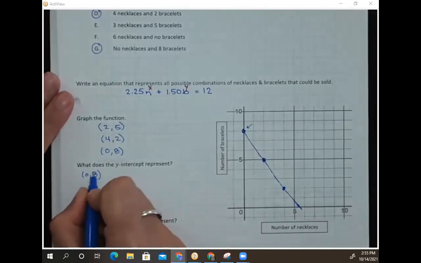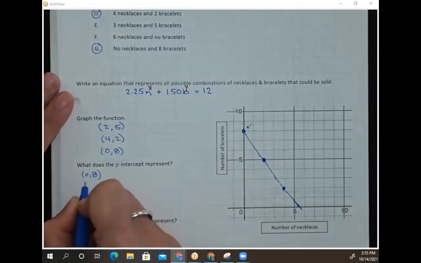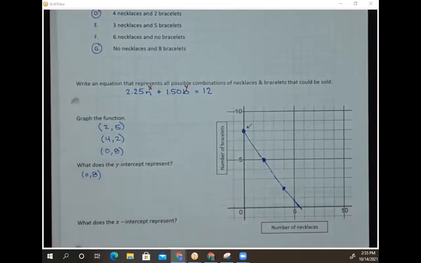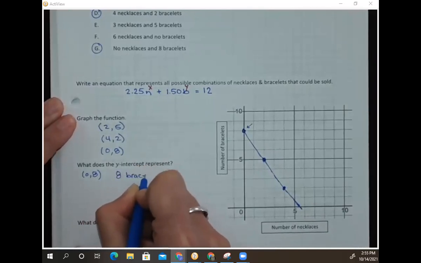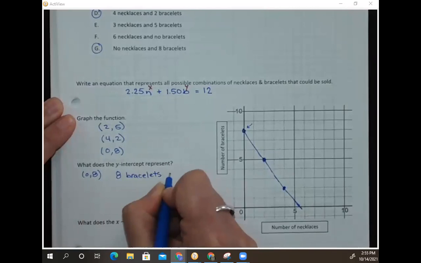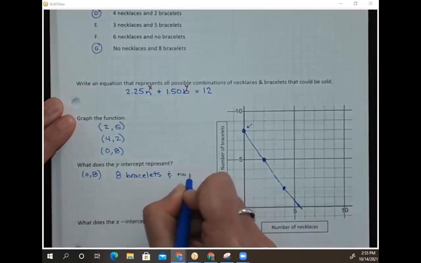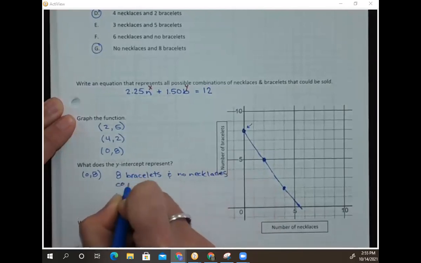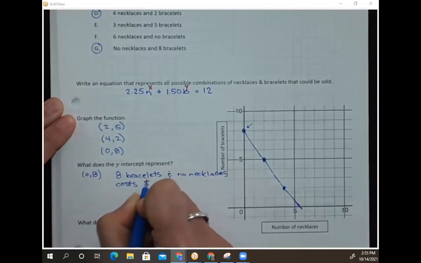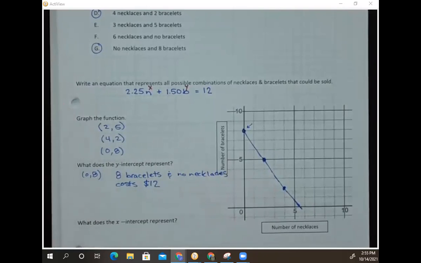I can sell 8 bracelets and no necklaces for $12. The no necklaces part is important. Okay. So 8 bracelets and no necklaces costs $12. That's a point on the line, so it costs $12.